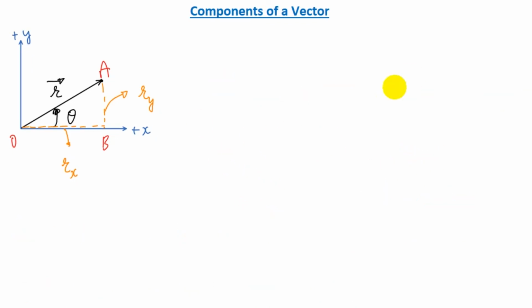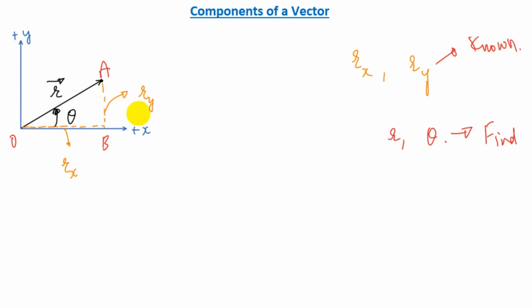Now sometimes in problems you'll see that you have the values of rx and ry, and you need to find the magnitude of vector r and the direction theta. So these are the values that you have to find, and these are the known quantities.